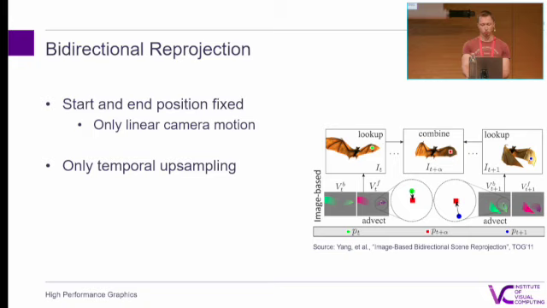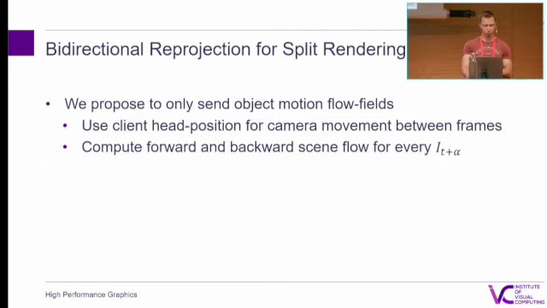They also only use temporal upsampling, no spatial upsampling. And since they can always guarantee to have the next frame, they also do not need any extrapolation, which is not possible for split rendering, where we might have some missed frames.